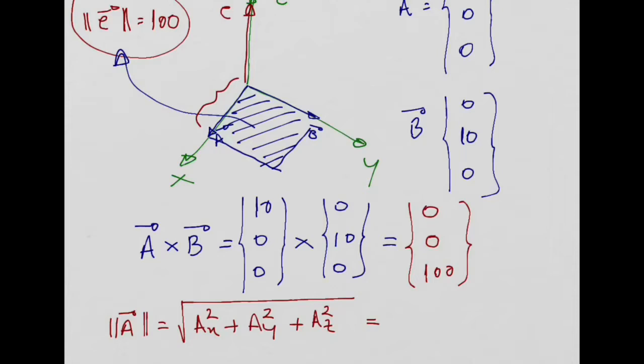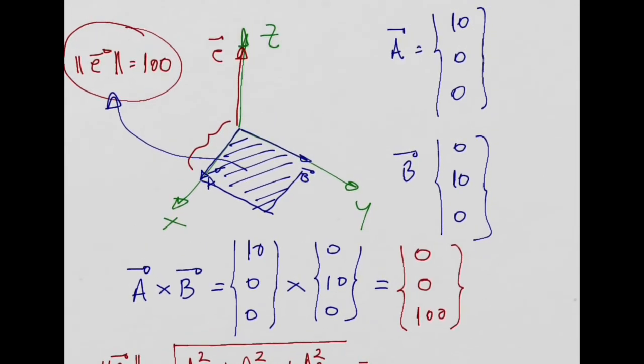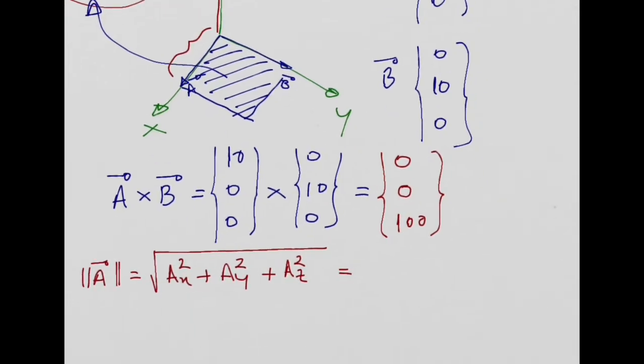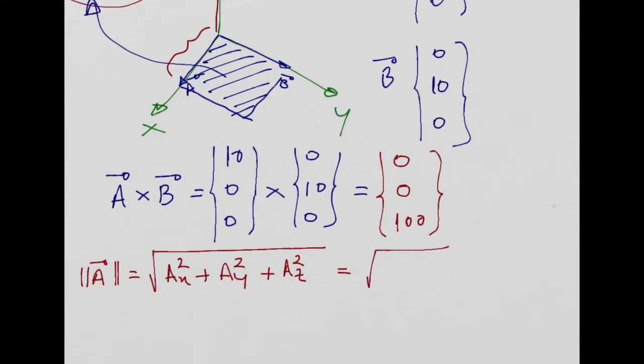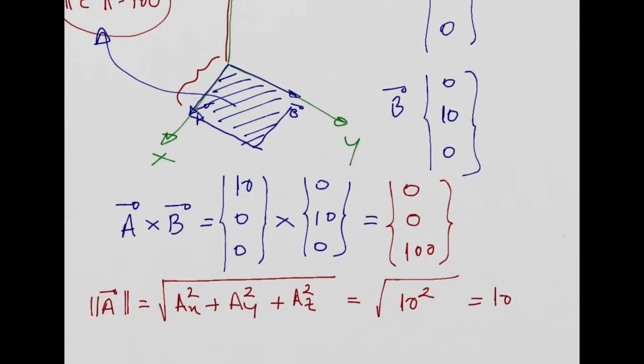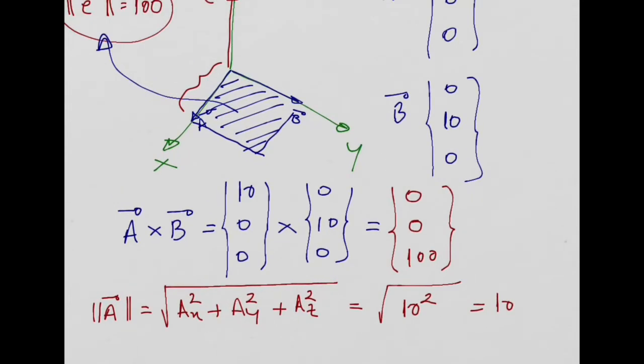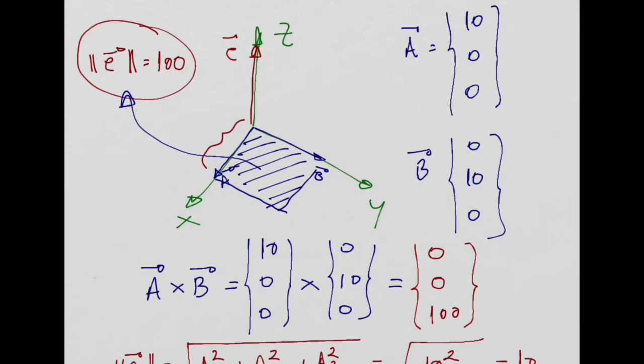In our case, Ax is 10, then everything else is 0. So we have square root of 10 square, which is equal to 10. This is the norm of our vector A, which is exactly the same as our vector B. The norm of B is also 10.